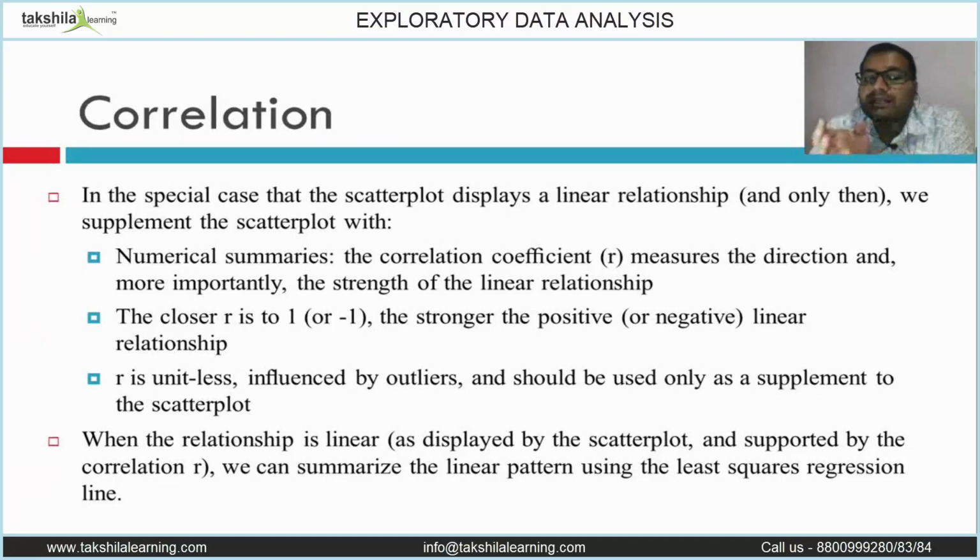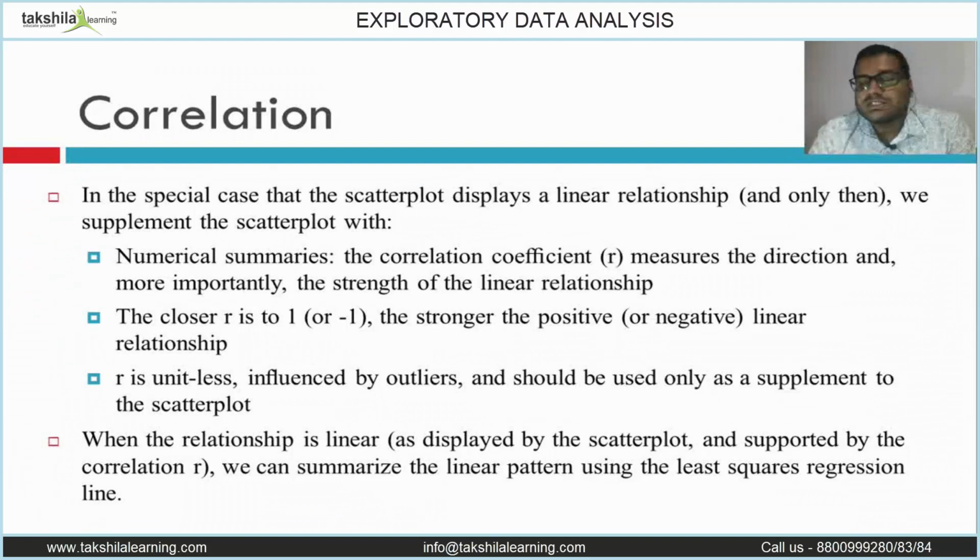If r is closer to 1, it gives a stronger positive linear relationship. If it is -1 or 1, it is giving a negative or positive relationship, but a strong one. If it is 0, it does not give a strong relationship. Also, r is unitless, it does not have any unit, and it is influenced by outliers, so it should be used only as a supplement to the scatter plot.